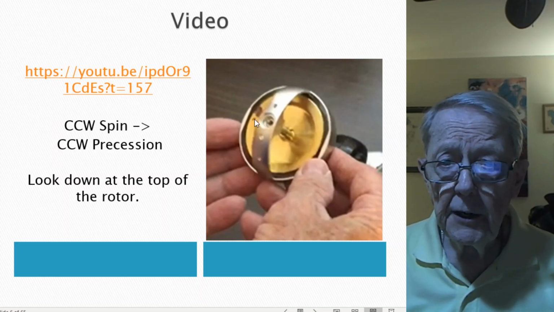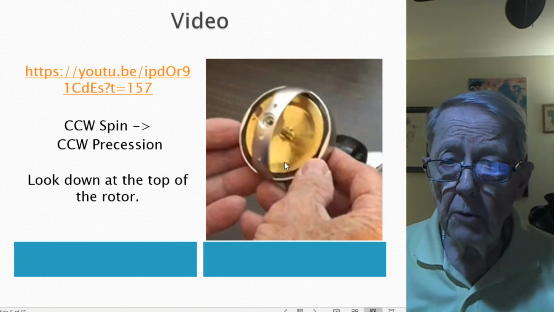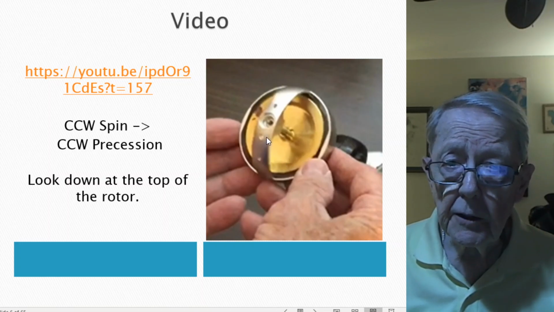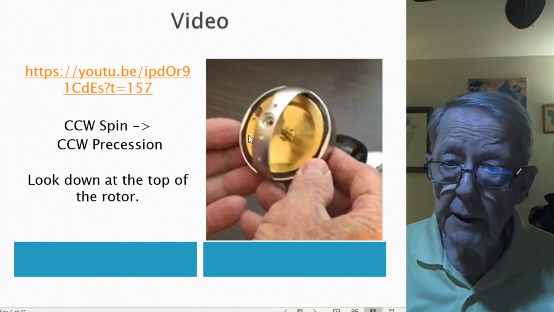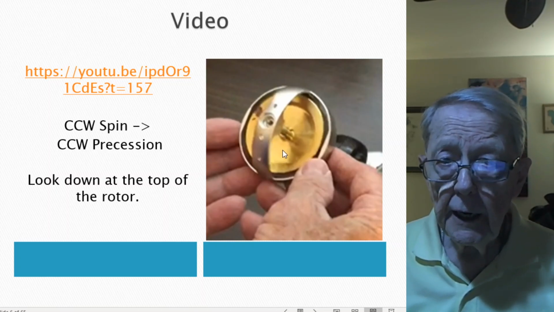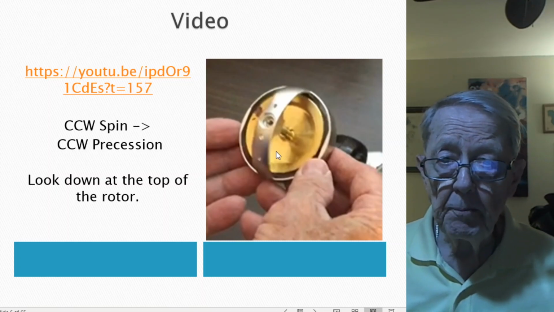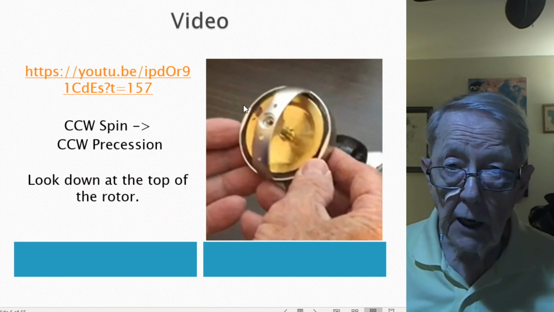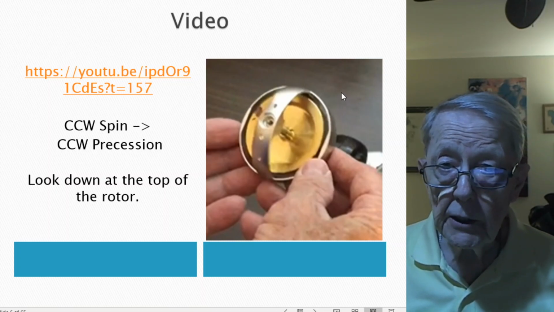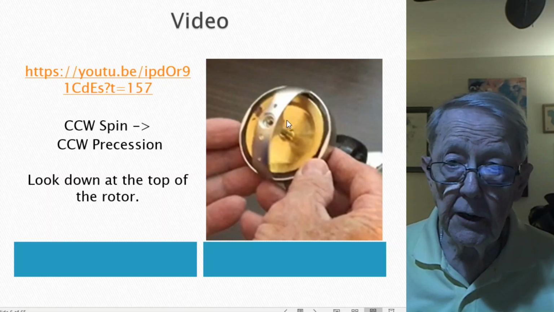What he's done here, he spins this up. He has a motorized way to connect a motor to this axle, spin it up one direction, reverse the battery, spin it up another direction. He spins it up the first time, and he lets it precess, and let's assume it's going to precess counterclockwise. We watch it. You can see it in the video.